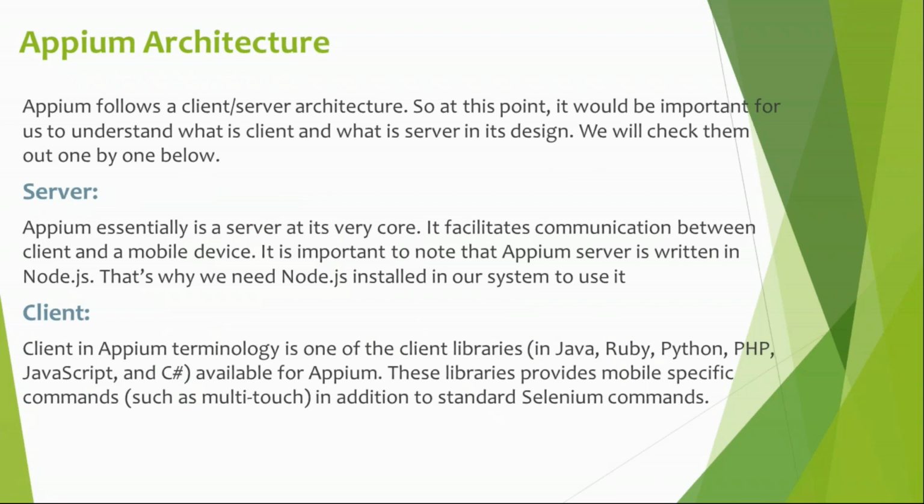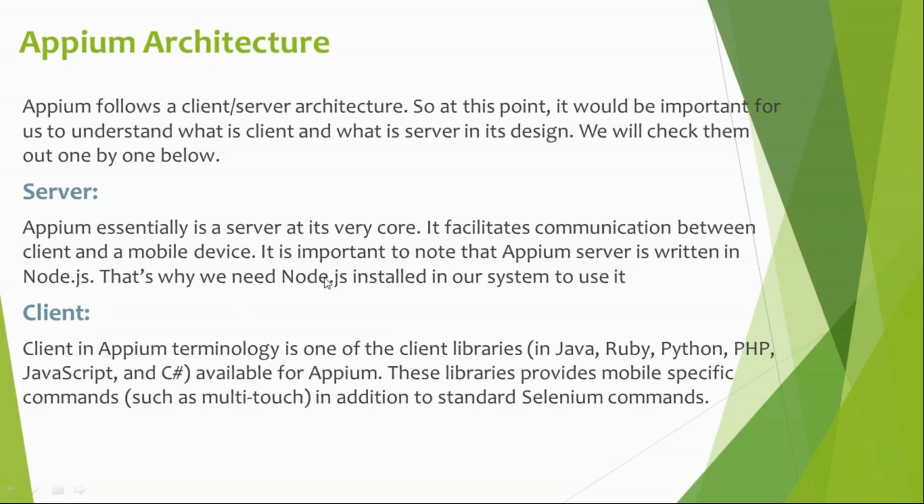This is the architecture, guys. As I told you, APM server will be running. So APM is essentially a server and it is very core. As I told you, UI Automator and APM are very important parts here for mobile automation. The APM server is a communication bridge between the client and the mobile device.